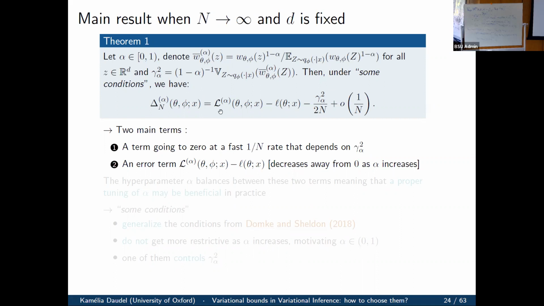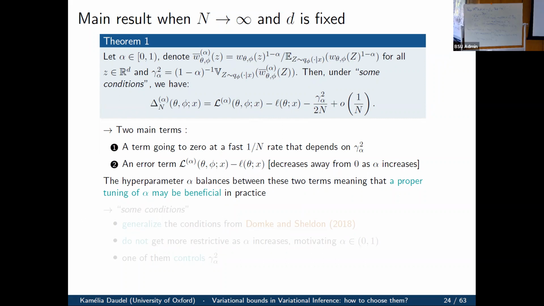And then I've got an error term here, which will decrease away from 0 as alpha increases, right? Which is not great. So we're getting further away as alpha increases. Basically, the high-level message of this theorem is that this hyperparameter alpha that we've introduced is going to balance between two terms. One term that is an error term and one term that goes to 0 as I increase n.